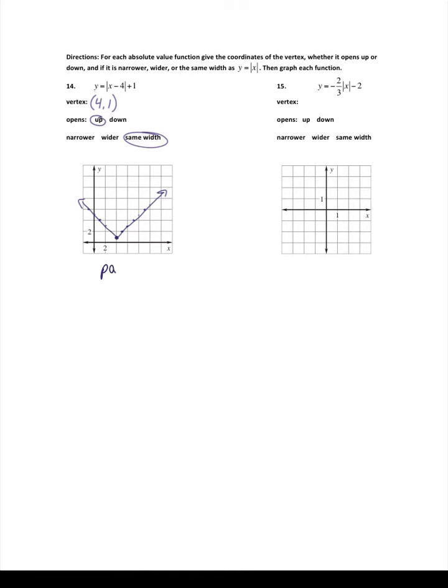For the next one, there's nothing being added to the x inside the absolute value. So that means our h value is 0, our k is -2. So our vertex is going to be at (0, -2).